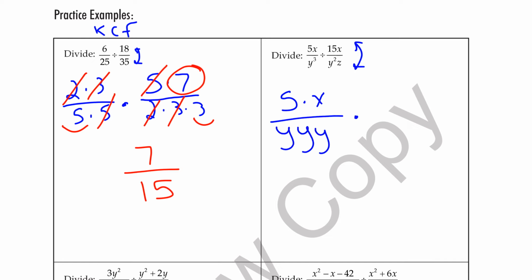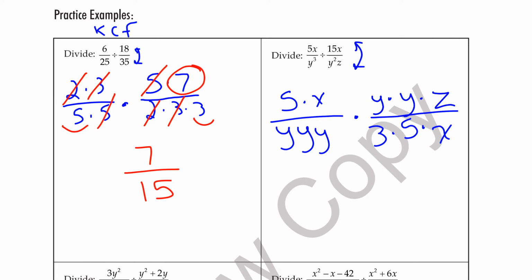Change to multiply. 15x, I'm going to tear the 15 apart to be 3 times 5 times the x. And this time I'm going to remember to put it on the bottom: 3 times 5 times x. And then this y squared z will go up here. Y squared is 2 y's and a z.